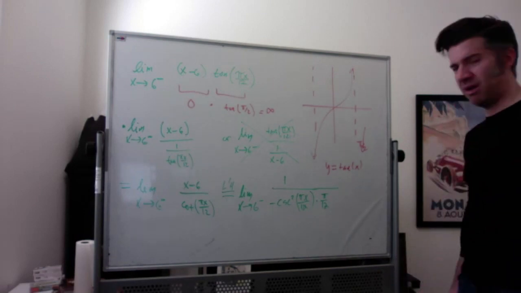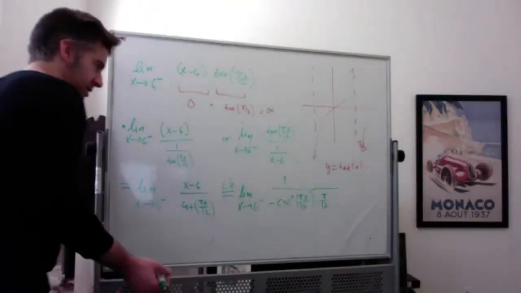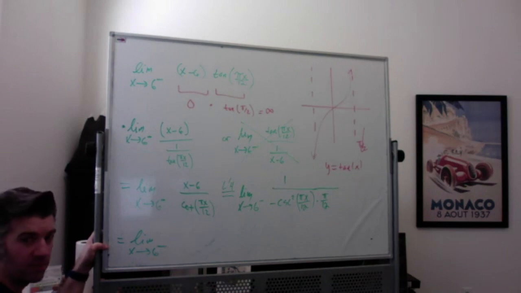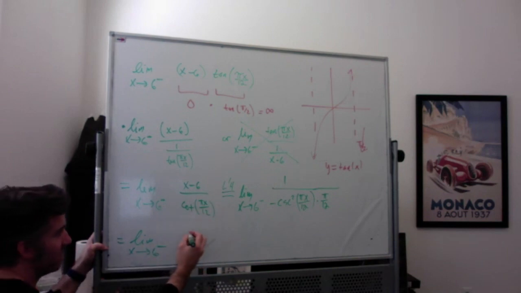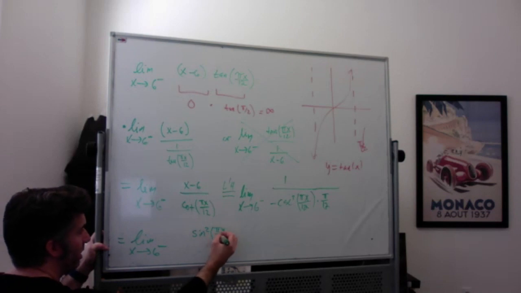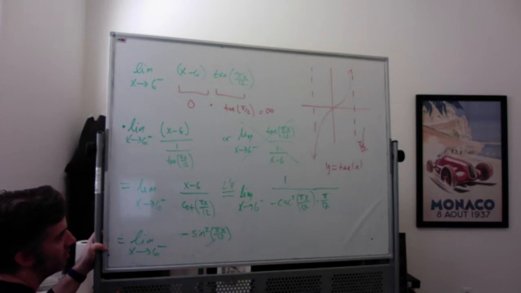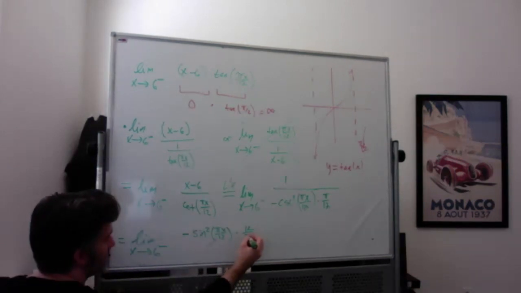There might be a way to make this easier. What's the reciprocal of cosecant? Well, cosecant's 1 over sine. So I can write 1 over cosecant squared as just sine squared of pi x over 12. Still negative. Dividing by pi over 12 is like multiplying by 12 over pi.